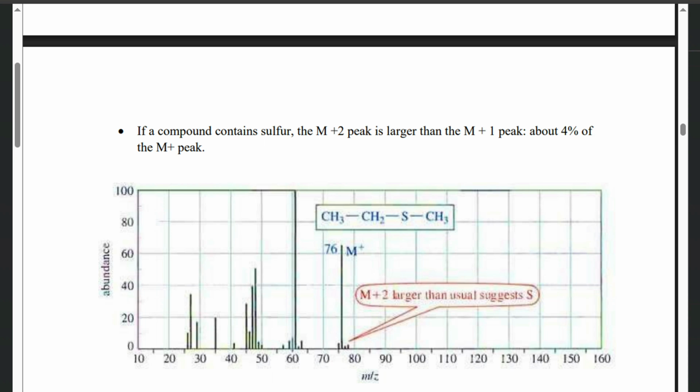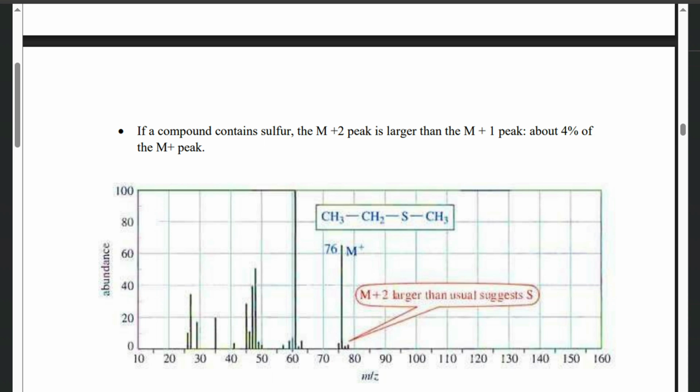So this compound contains sulfur, right? The M plus 2, we said, is like 4% of this major one, right? So the M plus 2 is larger than usual.